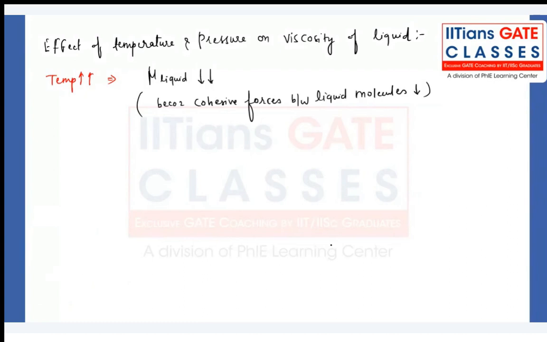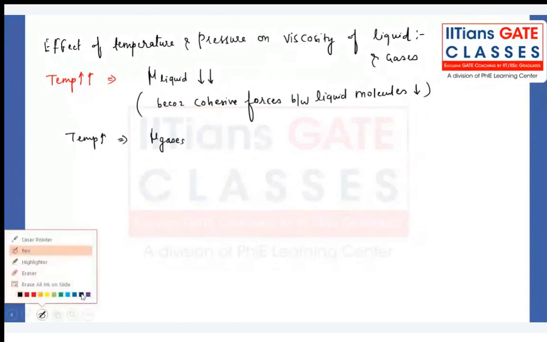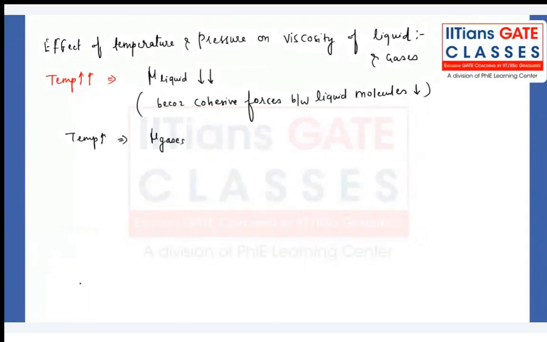Now, what will happen simultaneously? I'm discussing liquids and gases. So when the temperature increases, what about the viscosity of the gases? Basically, the viscosity of gases will generally increase, right? Because when I increase the temperature, molecular momentum exchange will be very, very high.